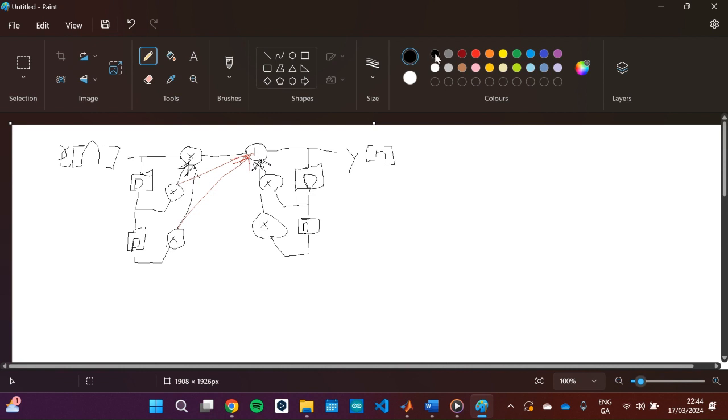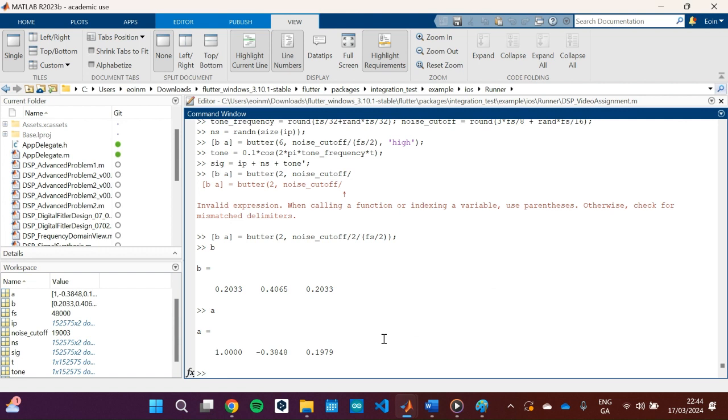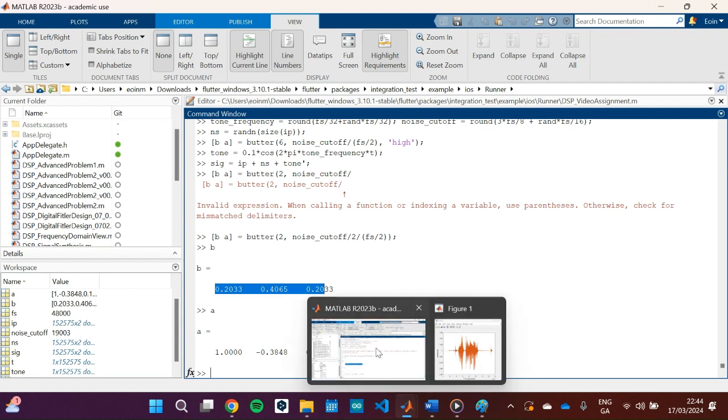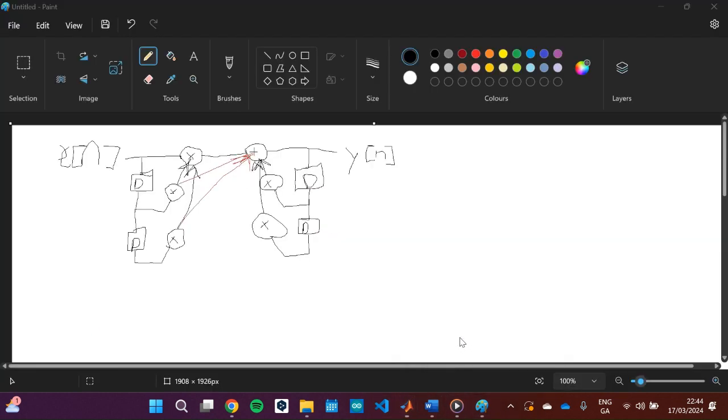Alright, now put in the coefficients on MATLAB. So this would be coefficients of 0.2033. It's the same here as well, I think.